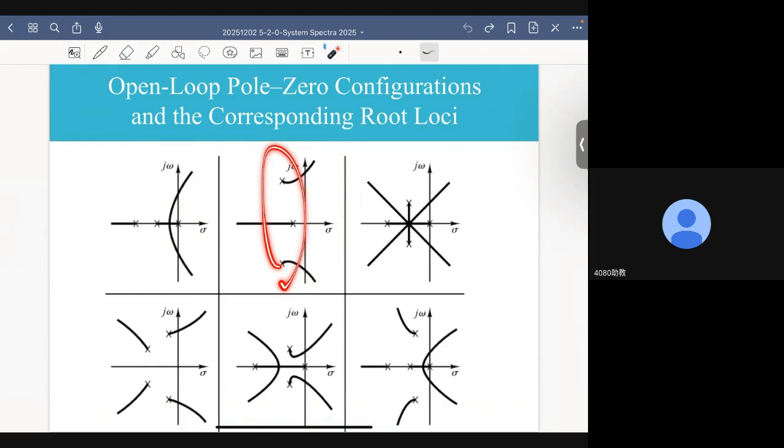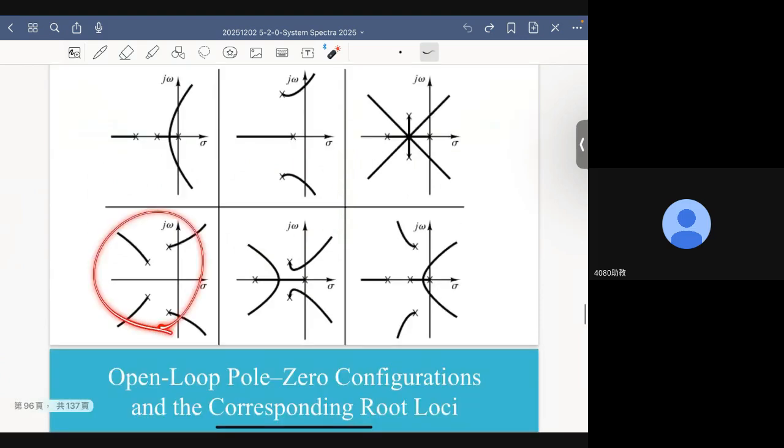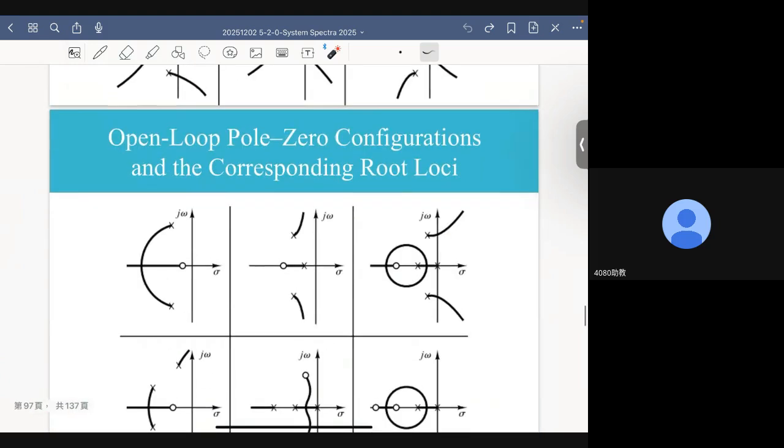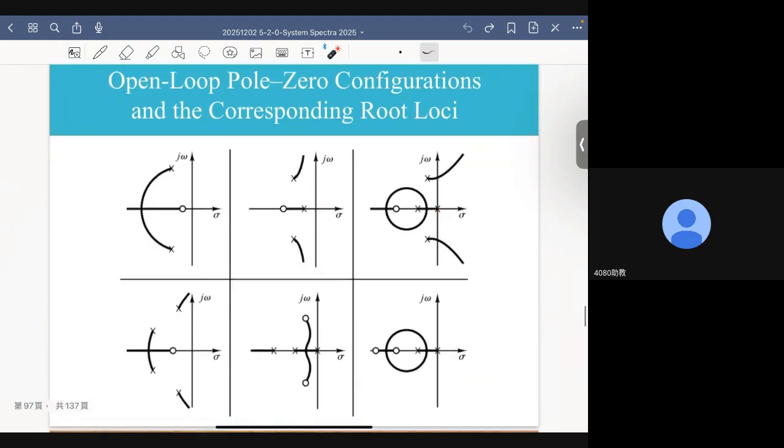I'm sorry, for the open loop transfer function. Okay. In this case, I have 4 poles. All right. So there are many variations. Okay. So here, this plot considered as many types of variations as possible.